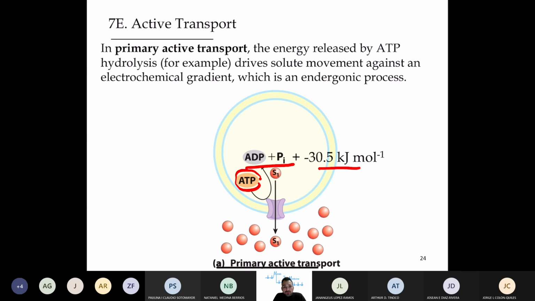And that energy is what allows a solute to move through the transporter against the electrochemical gradient, right? So we see, at least in this representation, the solute at a low concentration moving into a space where it is at a much higher concentration. This process of moving through the transporter is not thermodynamically favorable, but it becomes possible because of that energy being supplemented to it.